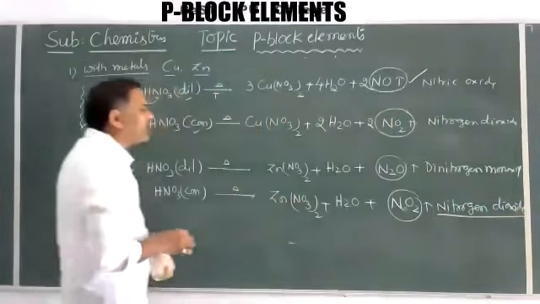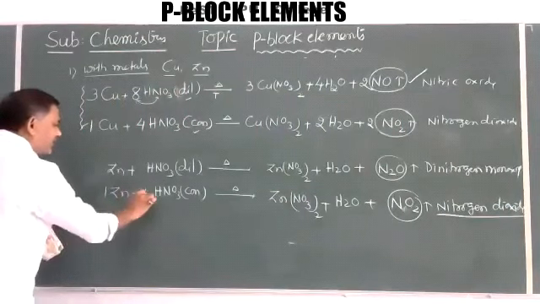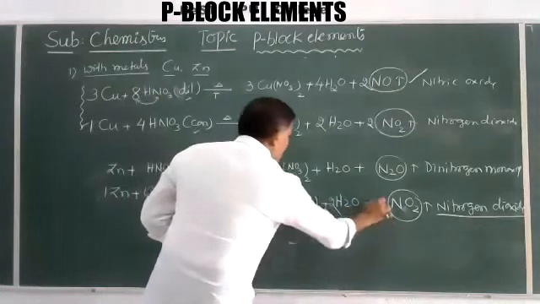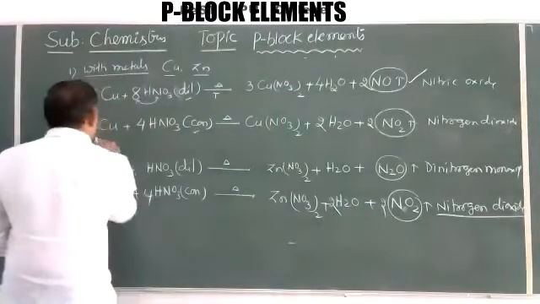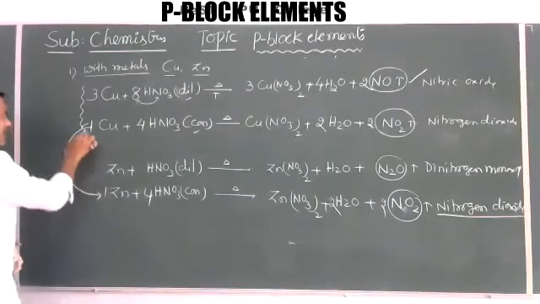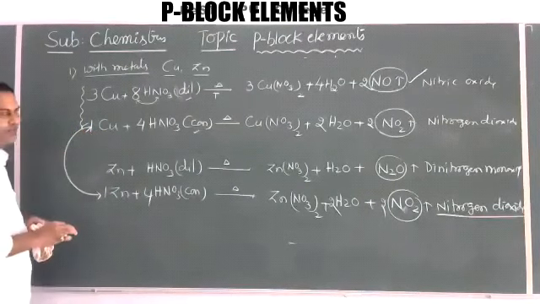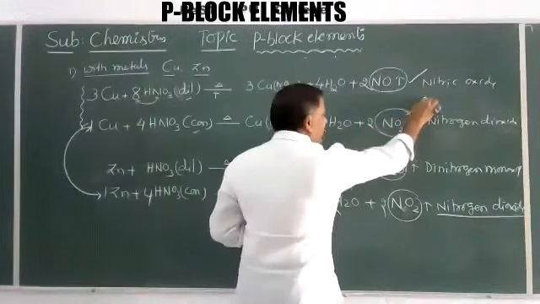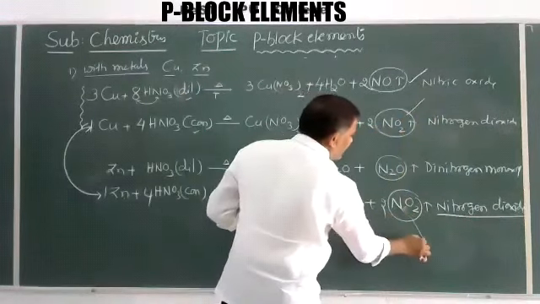So these two are important reactions. For balancing, take 1 mole, and here also 4 moles; the same, 2 moles here and 2 moles here. In both cases, copper and zinc in the concentrated method are the same. There is no change. Here also the main product is nitrogen dioxide.